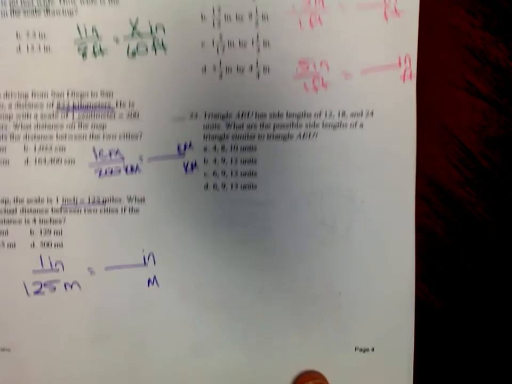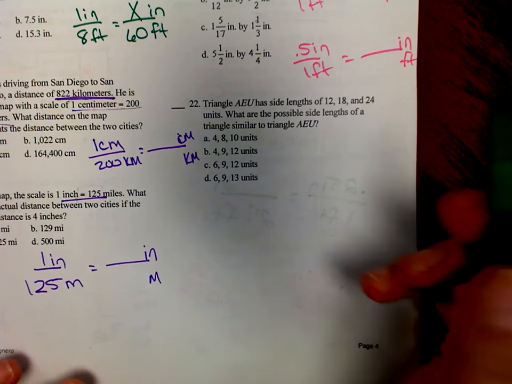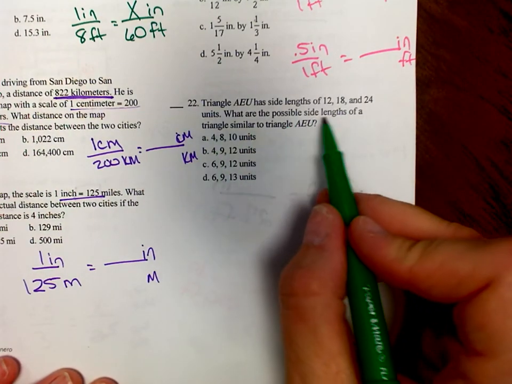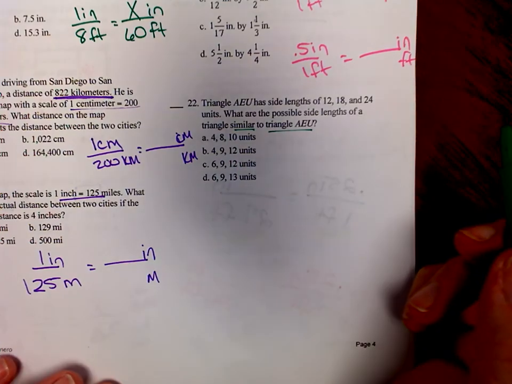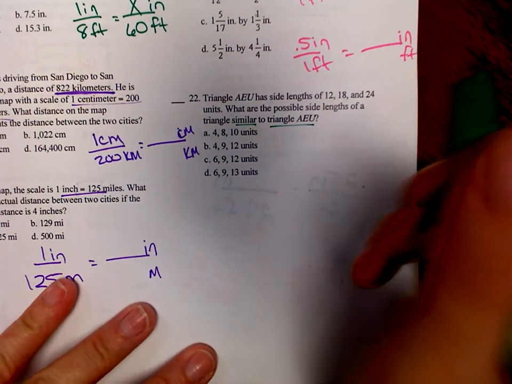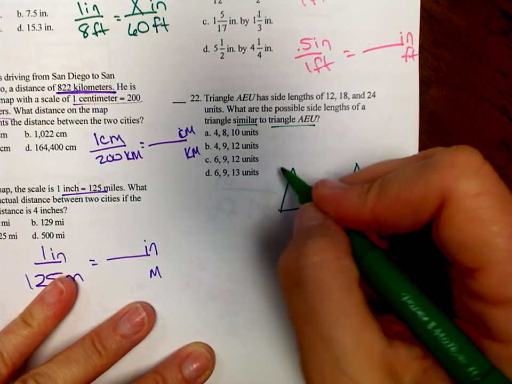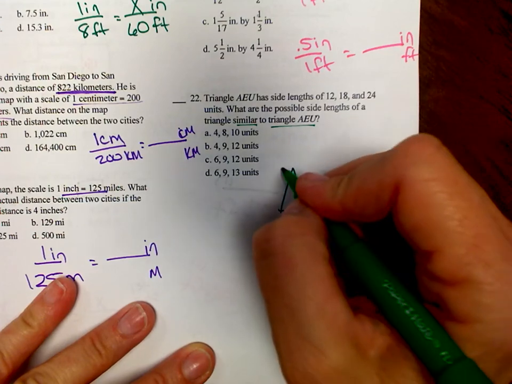Number 22. Triangle AEU has side lengths of 12, 18, 24 units. What are the possible side lengths of a triangle similar to the triangle AEU? So, I would draw my triangles, and it doesn't matter how you label them as long as you label them both the same direction.